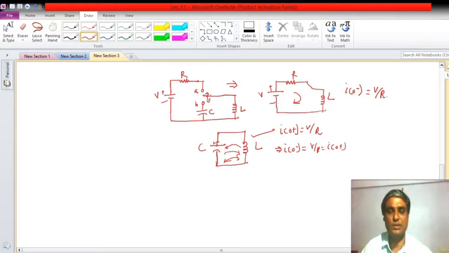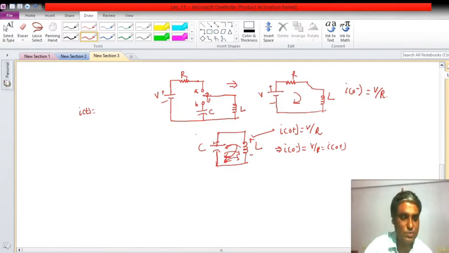Now next, let me calculate the I prime. In order to calculate it, let me consider the polarities here, positive, negative. So what will be my I of t? I of t will be, because this is my current direction, so it is negative to what we have considered, so it will be minus C into dv by dt.